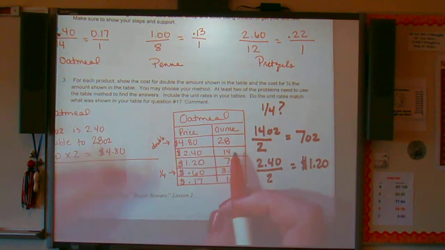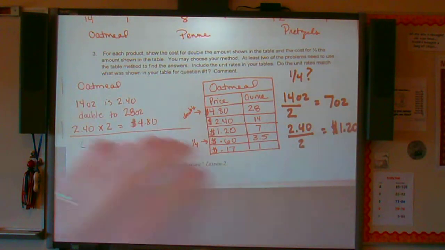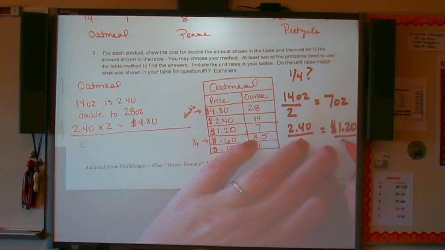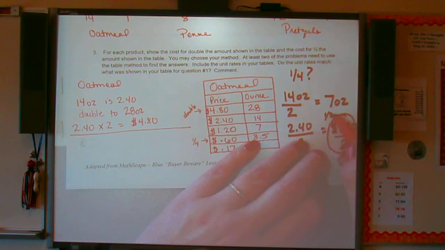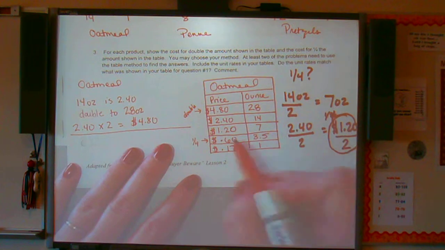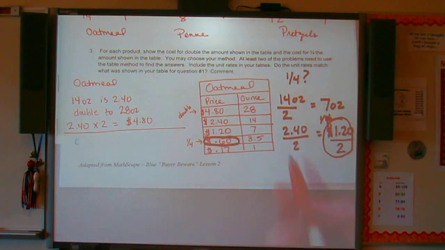A fourth is half of a half. So I'm now going to take my $1.20 and divide that again by 2 to get to my 1/4. So $1.20 divided by 2 is $0.60, and half of 7 is 3.5. So a fourth of my 14 is 3.5 ounces, at a cost of 60 cents.